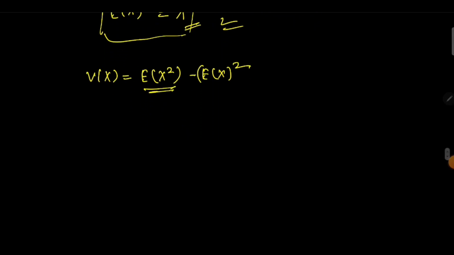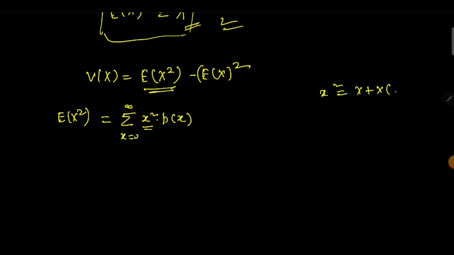To find this, first we write expected value of x square equals the sum of x square into p of x, from x equals 0 to infinity. We can write x square as x plus x into x minus 1. So now we will have the sum from x equals 0 to infinity of x plus x into x minus 1, into p of x.